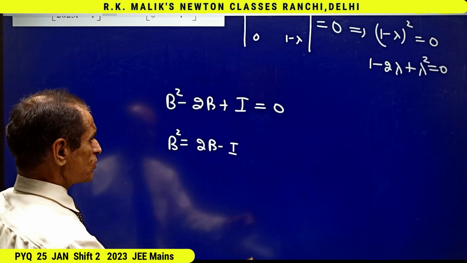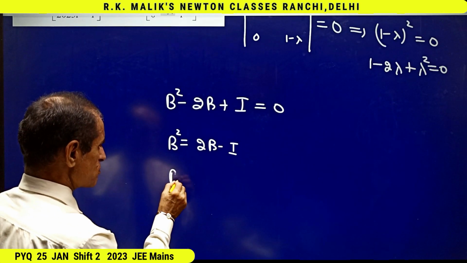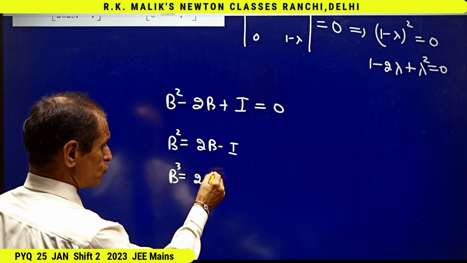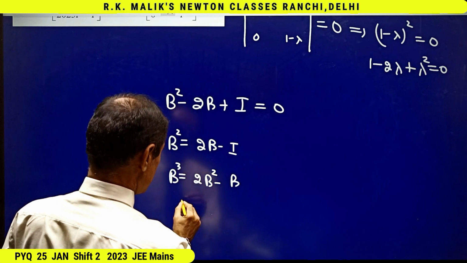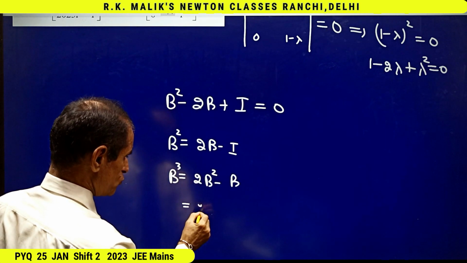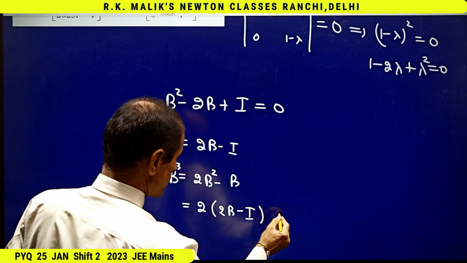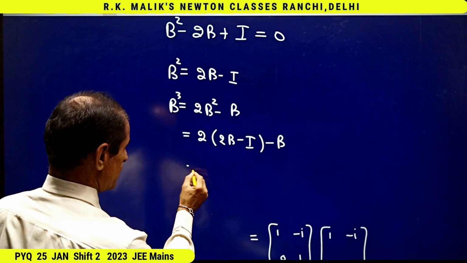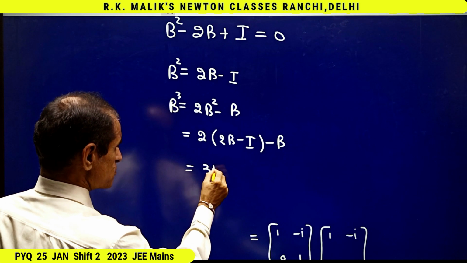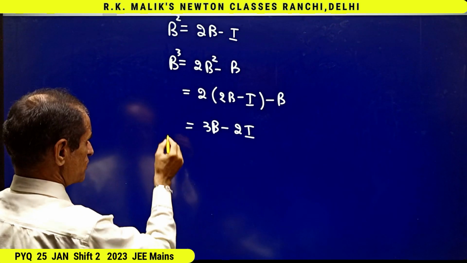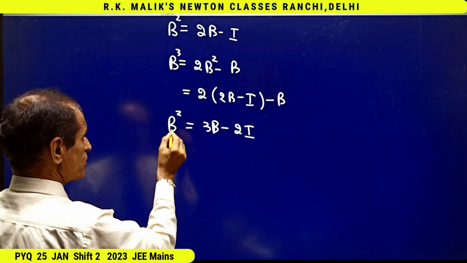Now to find B cube, it equals 2B square minus B, and B square is 2 into 2B minus I, minus B. That is, I get 3B minus 2I. This is B cube.